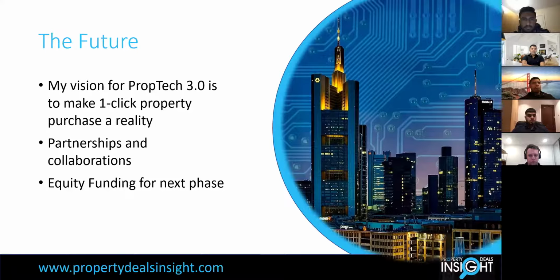And we really want to be making the one-click property purchase a reality. It may not be immediately, but it's a step in the right direction where we're bringing all the solutions together. That would be involving, like I said, partnerships and collaborations. We're not looking to do everything in the whole world ourselves.